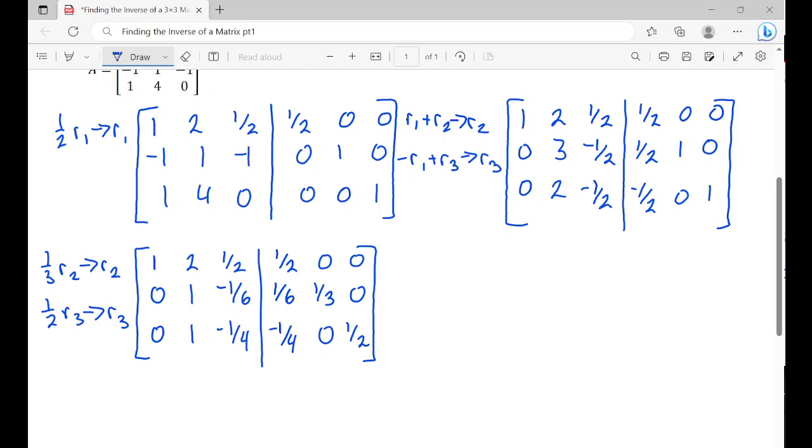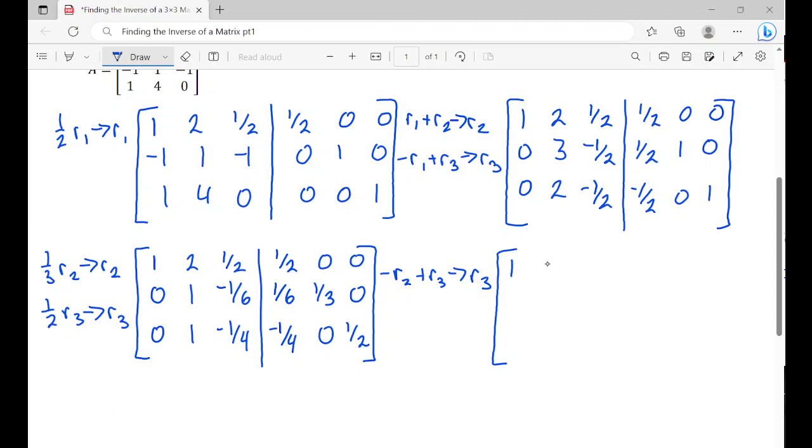Now I'm going to get rid of the 1 here and make it a 0. So I'm going to do a negative row 2 plus row 3 to make this entry a 0. So negative row 2 plus row 3 for a new row 3. So that means rows 1 and 2 stay the same.